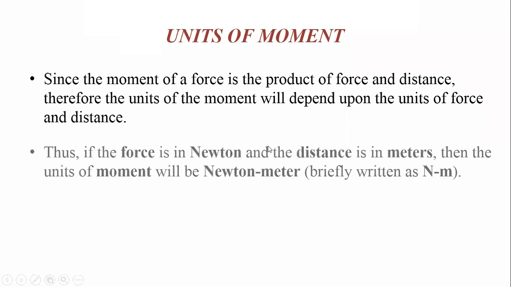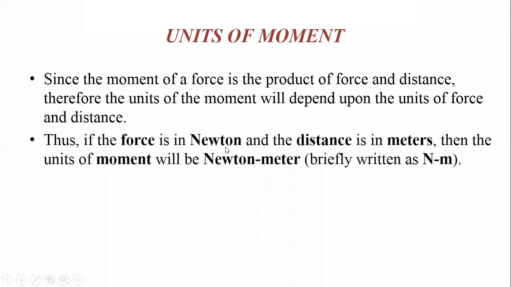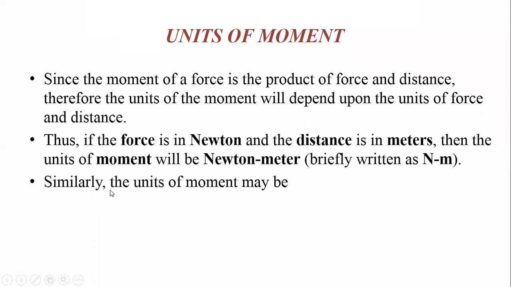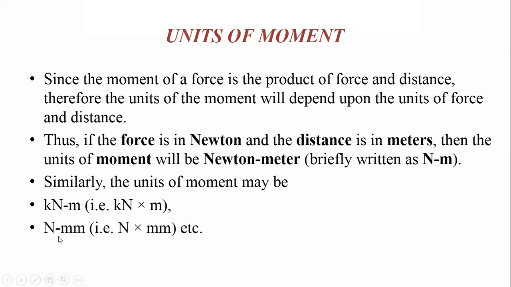For example, if the force is in Newton and distance is in meter, the unit of moment will be Newton meter, or Nm. Similarly, the unit of moment may be Newton meter, kilonewton meter, Newton millimeter. These are some of the examples.